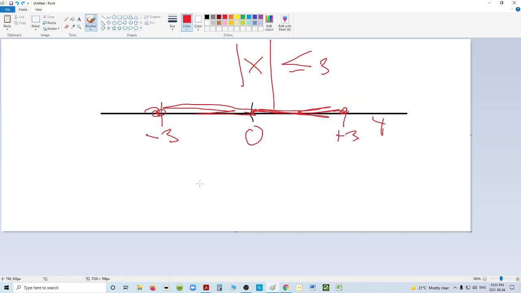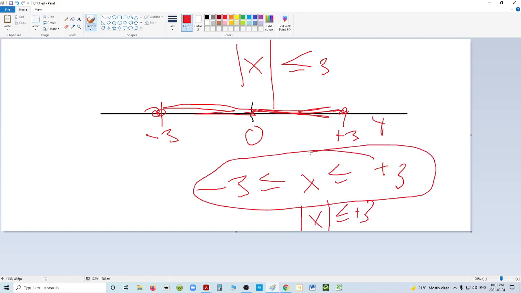So we can see that when we want it inclusive from minus 3 all the way to positive 3, instead of expressing it like this, we would express it like this. The absolute value of x is smaller than positive 3. And that includes this precisely.